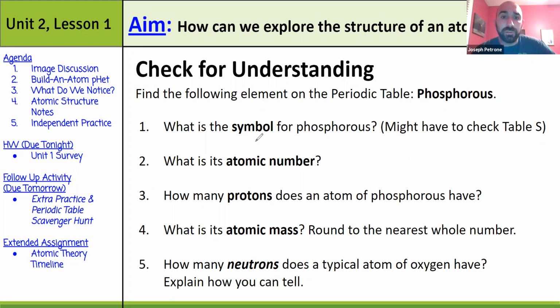So the symbol for phosphorus is P. Now, of course, not every element has the same symbol as its first or second letters. That's because a lot of elements are actually named after Greek or Latin names. So we will start to get used to remembering those, but you may just have to dig through the tables to find these. But the symbol for phosphorus is P.